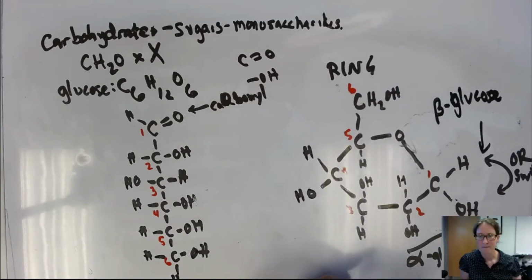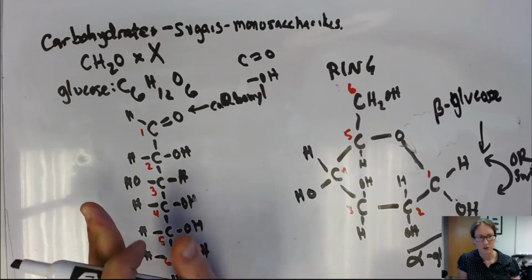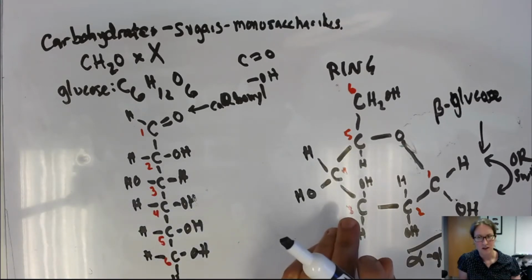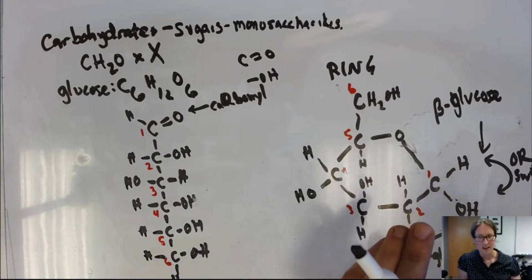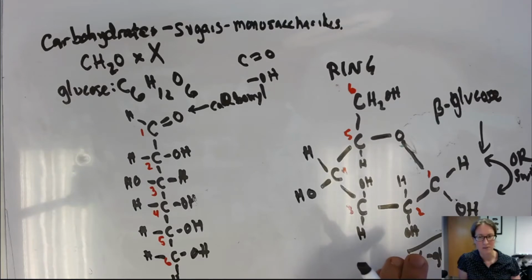Okay. And just like I showed you with the differences between glucose and fructose, this difference between alpha glucose and beta glucose can make a huge difference when it comes to how other molecules can interact with these glucoses. We're going to see more about that in just a moment.